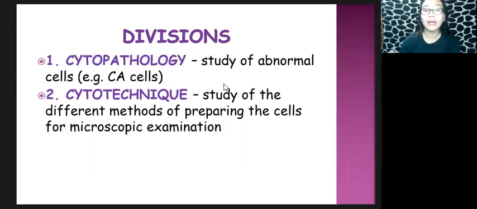In the laboratory, as medical technologists, we are concerned about cytotechnique because we are the ones who prepare the different smears for microscopic examination. And cytopathology is the concern of your pathologist.